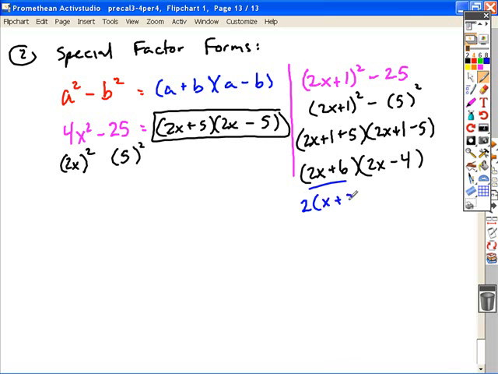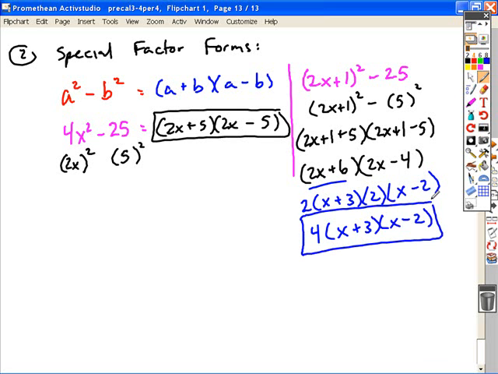X plus 3. And then what about the second one? Also, you can remove a 2, and that leaves an x minus 2. So your final answer, when you completely simplify, 2 times 2 is 4, x plus 3, x minus 2.